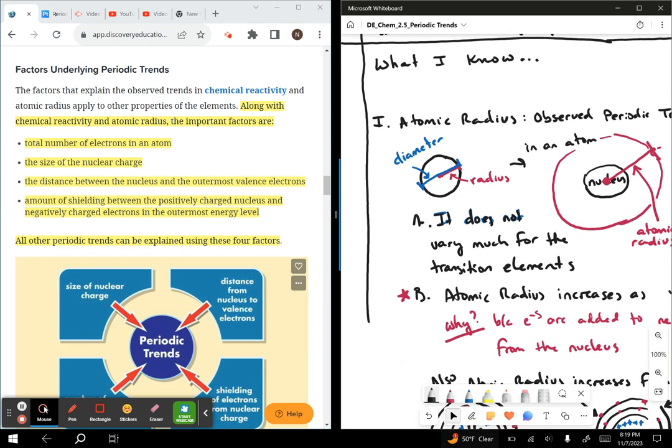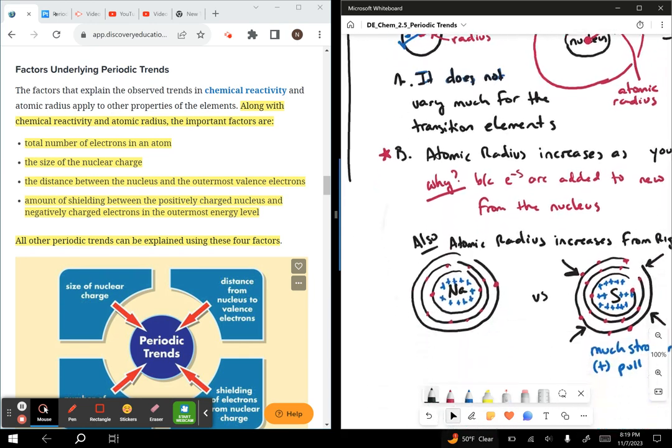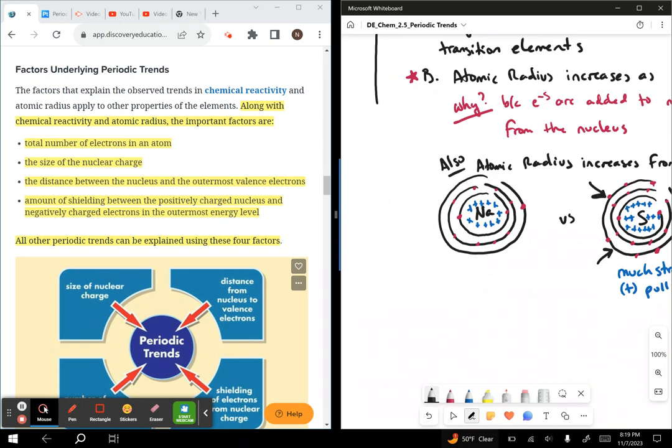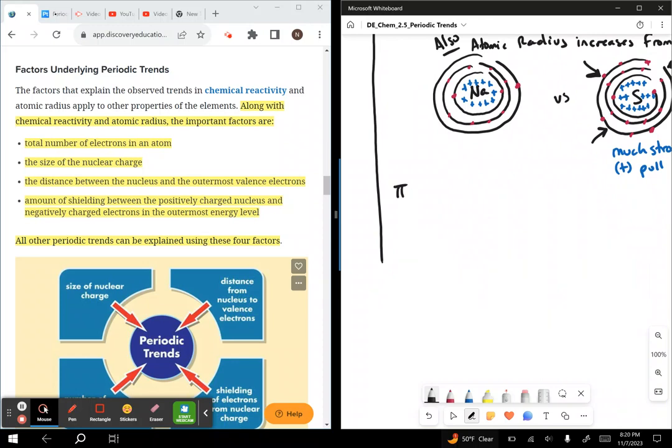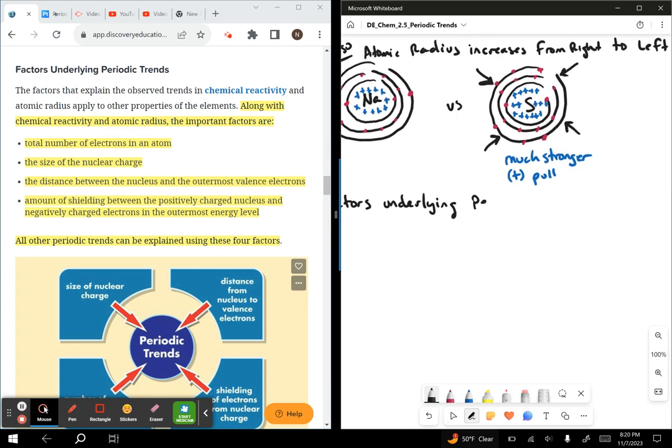Atomic radius, we'll call this number 2, Roman numeral 2. Factors underlying periodic trends.